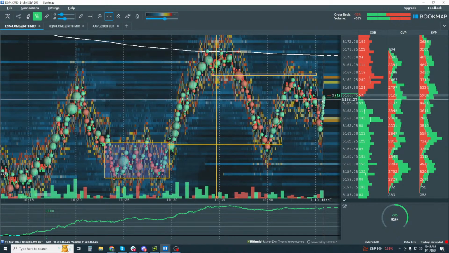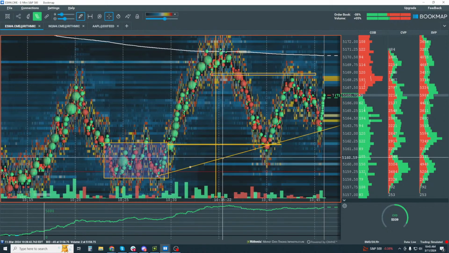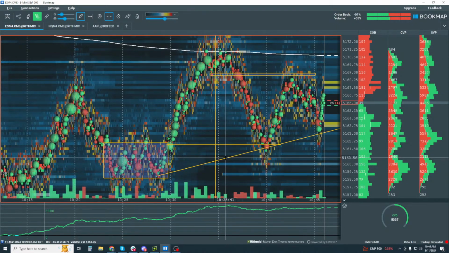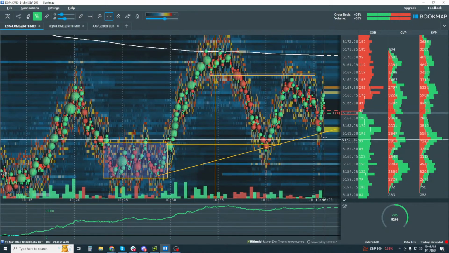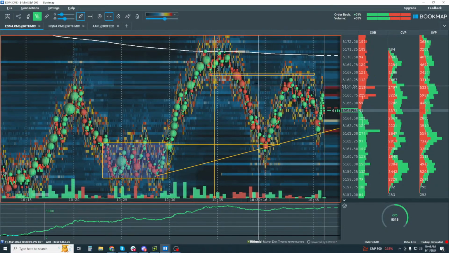Yeah, in fact, we're getting a response by buyers in here. And they're buying off of this trend line here. We're finding some support there. Okay, but we're going to find some resistance up here.